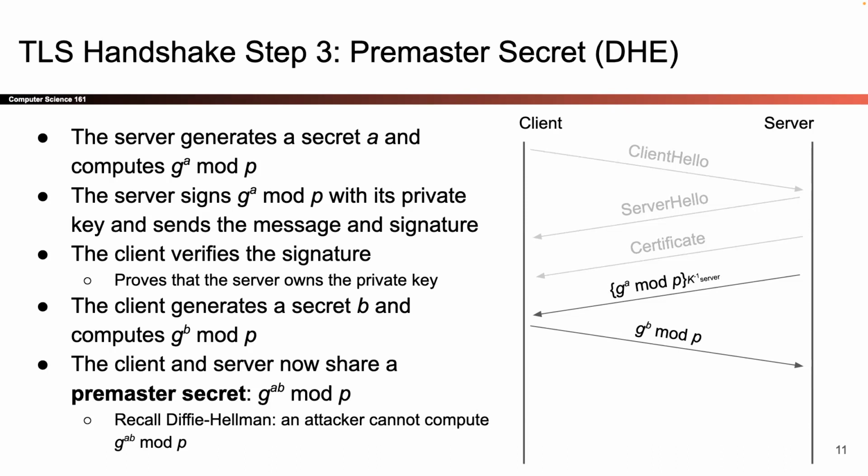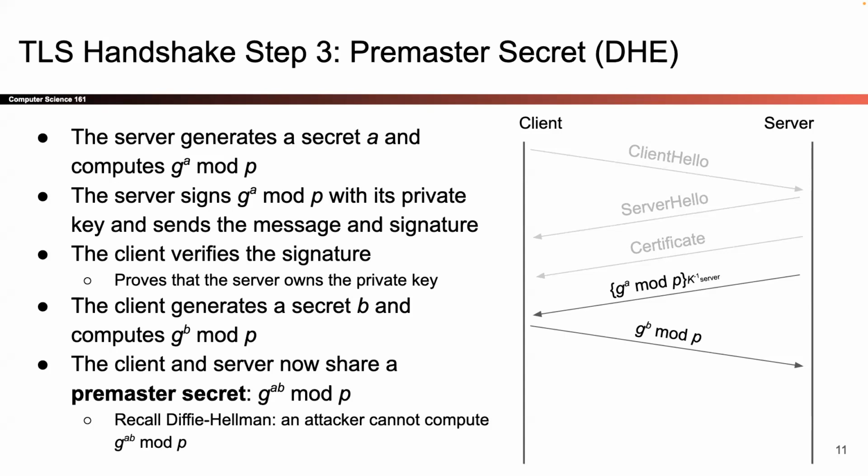So I need to add in that extra challenge to tell me if the server is who they really claim to be, or if they are an imposter. So the way that I'm going to do that is I'm going to additionally ask the server to add a signature on its Diffie-Hellman handshake. So the server is going to send g^a, but it is also going to sign g^a with its private key.